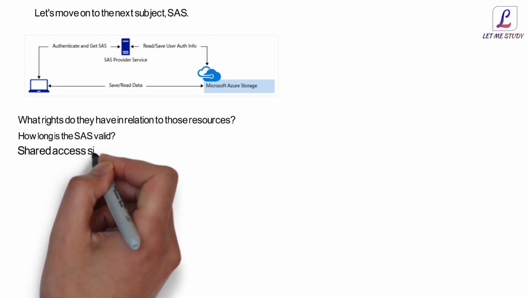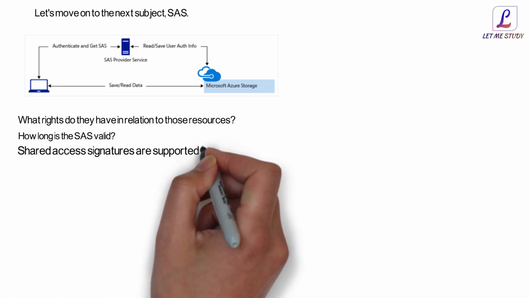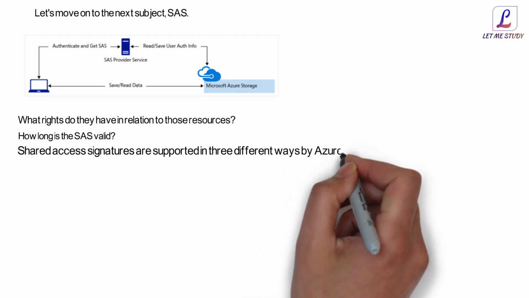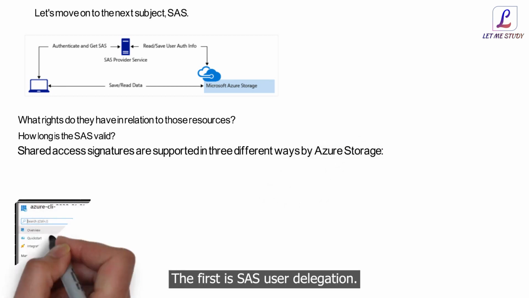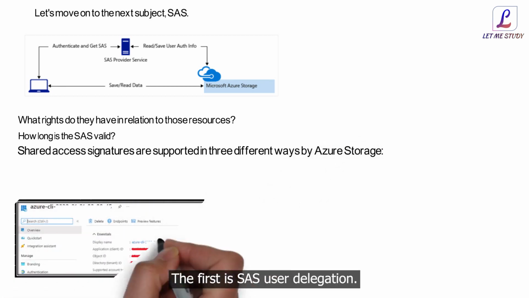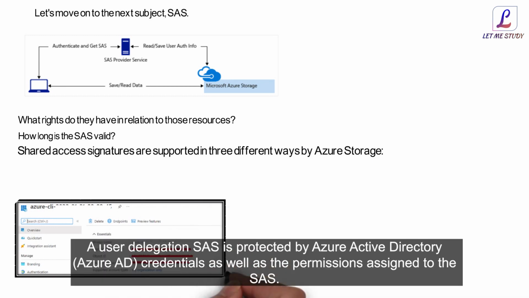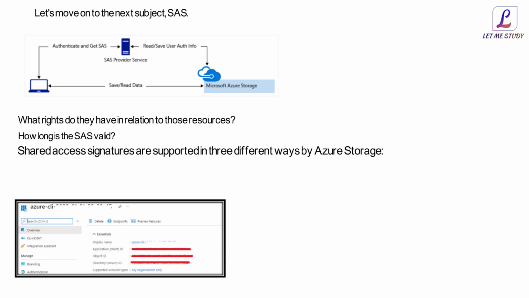Shared access signatures are supported in 3 different ways by Azure Storage. The first is user delegation SAS. A user delegation SAS is protected by Azure Active Directory (Azure AD) credentials as well as the permissions assigned to the SAS.